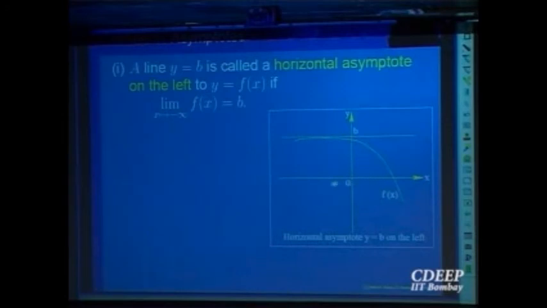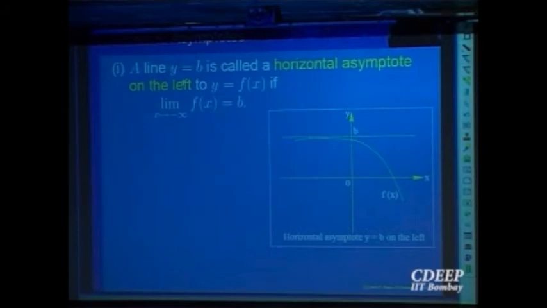If you go to the left, x goes to minus infinity, the graph of the function looks like this. So that is saying that as x goes to minus infinity, f(x) is equal to b. So you can say this is a horizontal asymptote from the left. As you are moving to the left side, you can say there is a horizontal asymptote on the left, right?